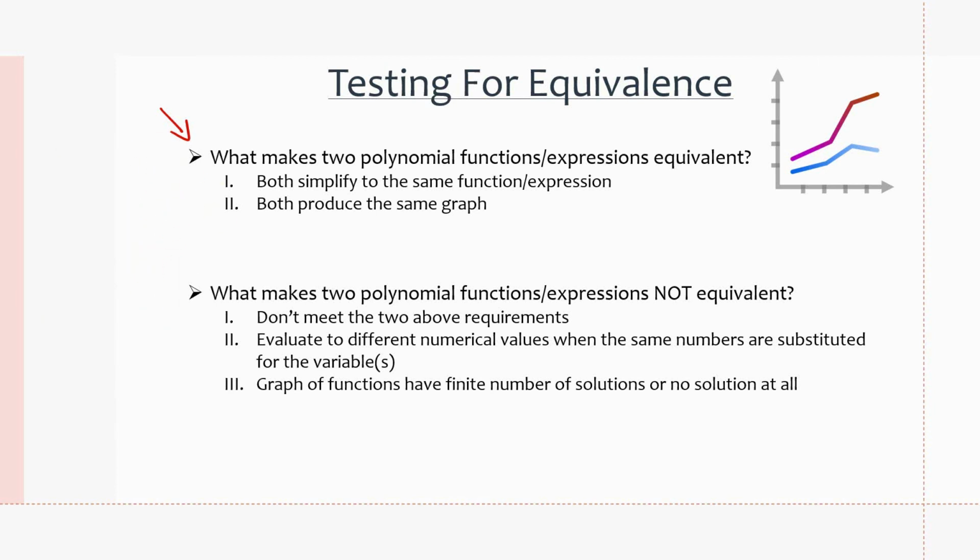Now let's look at the second criteria for two polynomial functions or expressions to be equivalent, and that is that both polynomials, functions, right, if you turn them into functions, they both must produce the same graph. Meaning, if we were to graph the two, maybe we start graphing f of x and it looks like this, right?